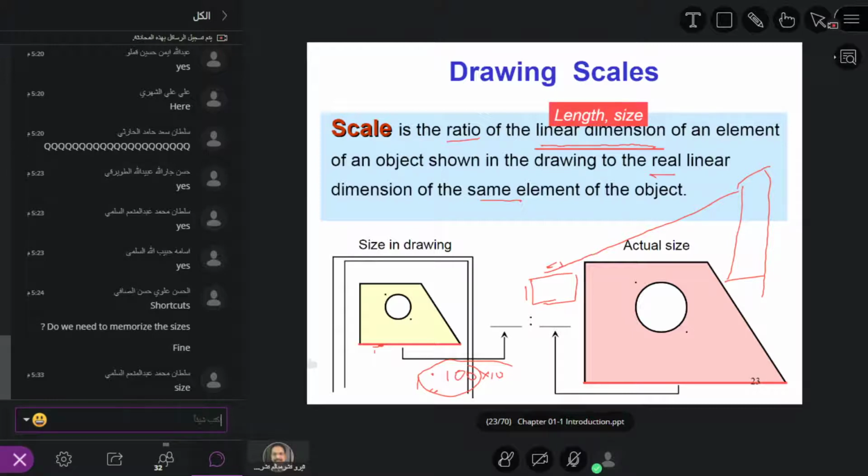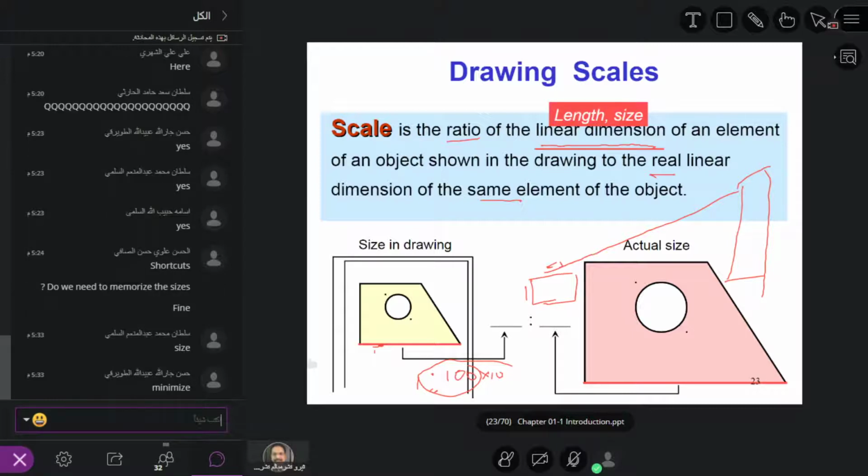So that way you represent the actual one scaled down. Not minimize, but that's the technical word for an engineer. Minimize, maximize, I don't think that is the right way of representing this. But we use scale. That is our traditional terminology for any engineer. So engineers normally check the drawing and they say, what is the scale?